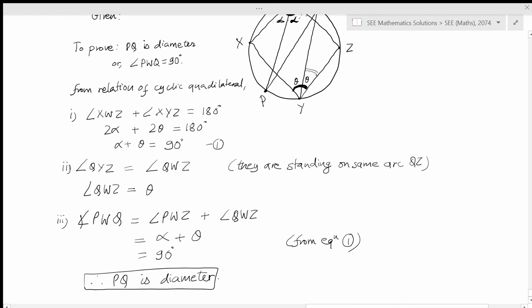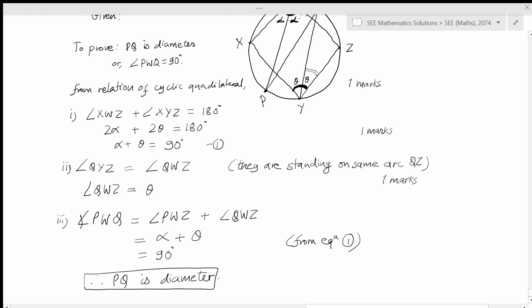The marks distribution will be: you will get 1 mark for drawing the correct figure, and 1 mark for finding the relation between the two angles using the relation of cyclic quadrilateral, and 1 mark because you used another theorem, that is standing on the same arc.